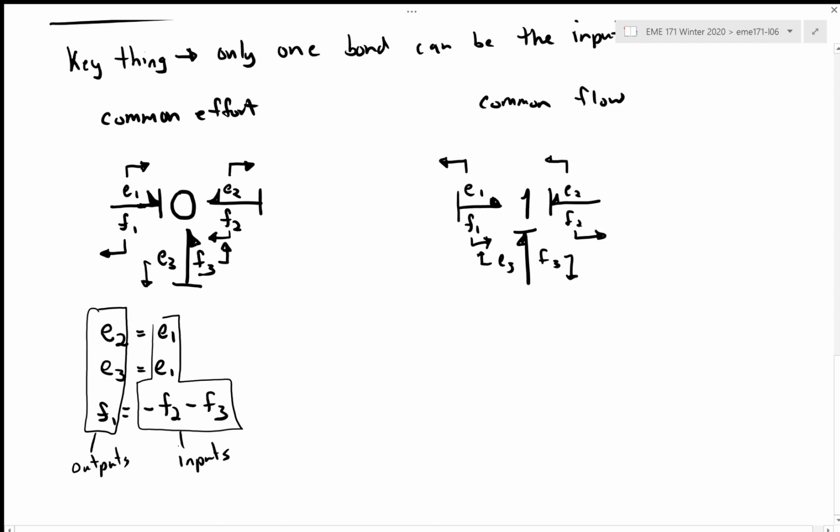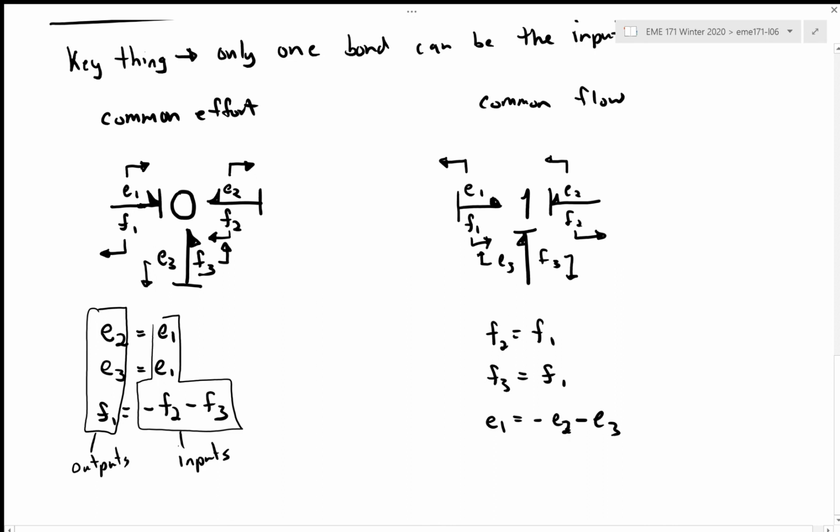So we have one flow input to the 1 junction, and then we can write our equations. We know that F2 is an output, and it is equal to F1, common flow junction. F3 is also an output, equal to the input F1. And then we make a summation. We see that E1 is the output, and it is negative E2 minus E3.